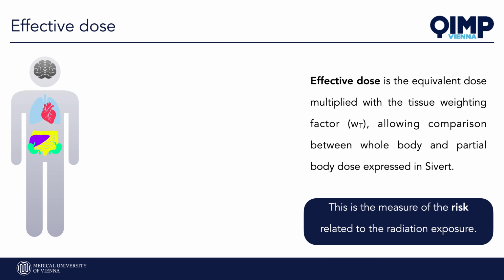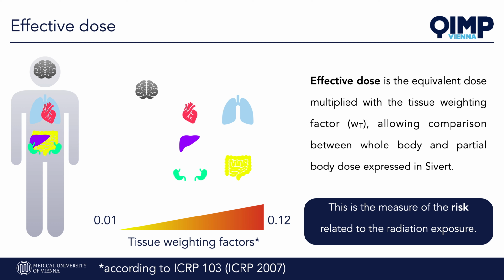If a person receives a whole body dose, the tissue weighting factor is 1. However, in medical imaging, usually only a portion of the body is exposed. The tissue weighting factors allow comparison of a whole body dose to a partial body dose, and also allow comparison between doses to tissues of varying radiosensitivity. It is important to note that the radiosensitive tissues have higher weighting factors.